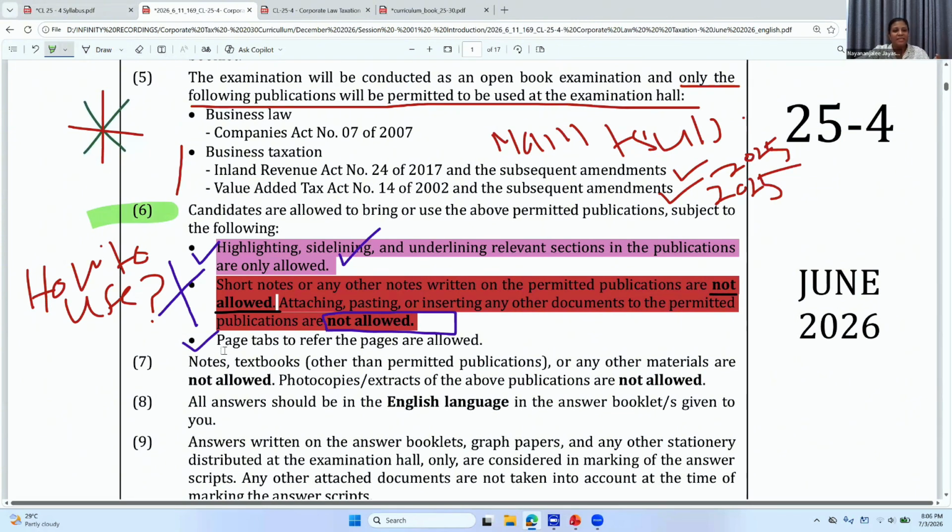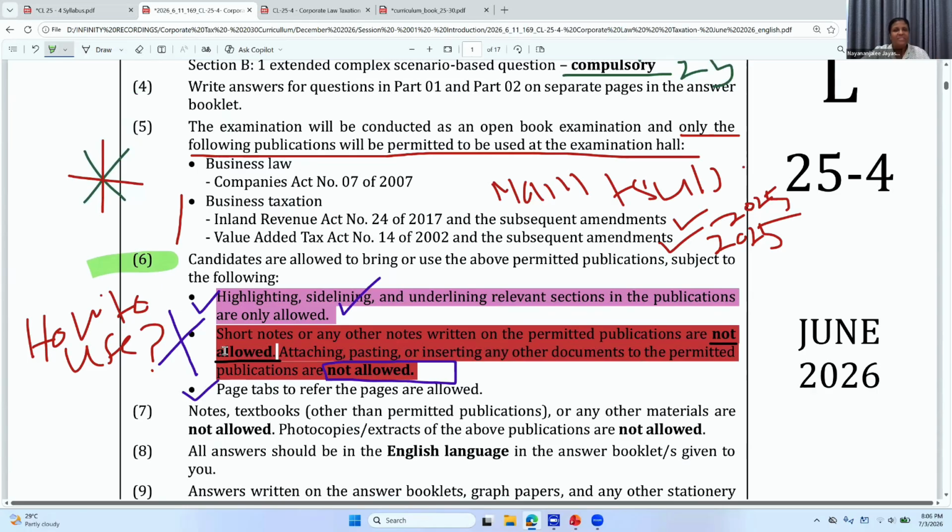This is the very first day I need to communicate this to all the students who are doing the CL4. It is very, very important.